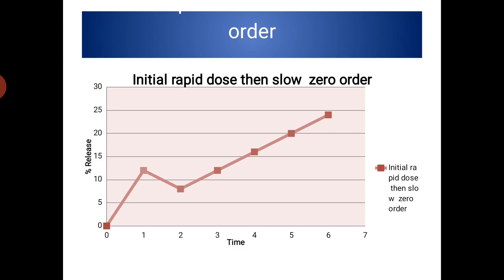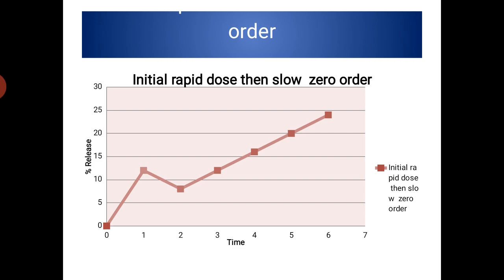If you require any clarity on how fast it attains steady state concentration, you can refer to the previous topic, how it attains a steady state concentration after an immediate release. That means the immediate release helps in attainment of a steady state concentration very easily. So that is the advantage of this method.